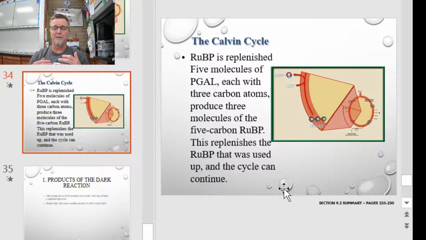All right. So that is the light independent reaction in as simple a manner as I can put it for you. Remember, the goal of the light independent reaction is to eventually produce sugar. That's the simple sugar that the plant needs for food and that we benefit from as we eat plants to get food ourselves.